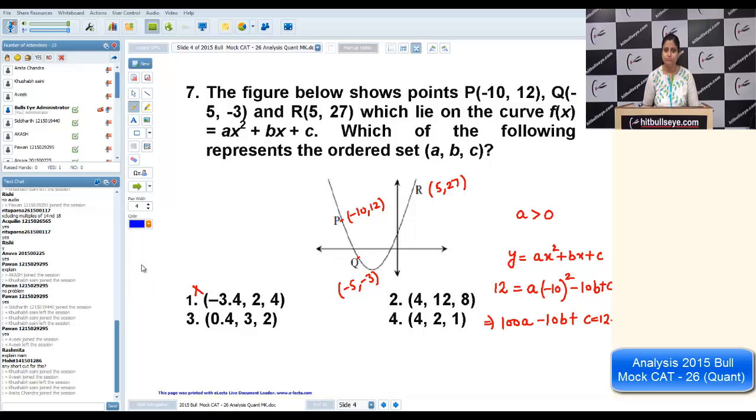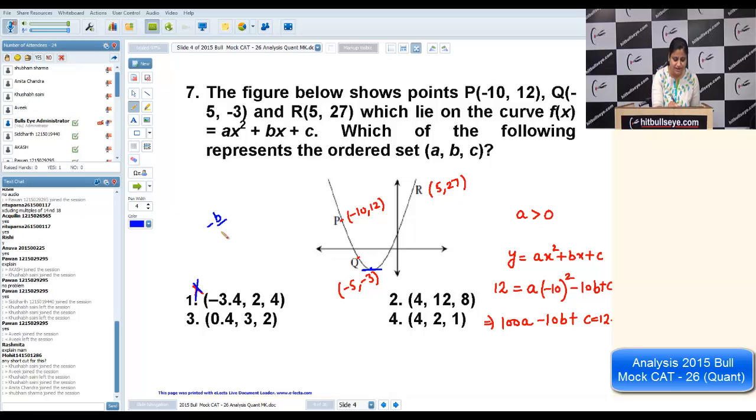Now coming to the parabola thing. As we know that this parabola is upward, of course, the coefficient of x square should always be positive. So the first option is rejected in this case. Now, coming to this point, the lowest point of the parabola. What are the coordinates for this point? The x coordinate is minus b by 2a.